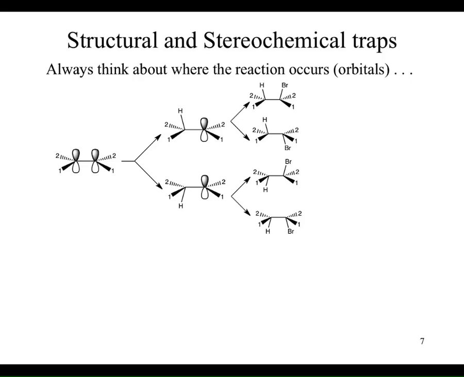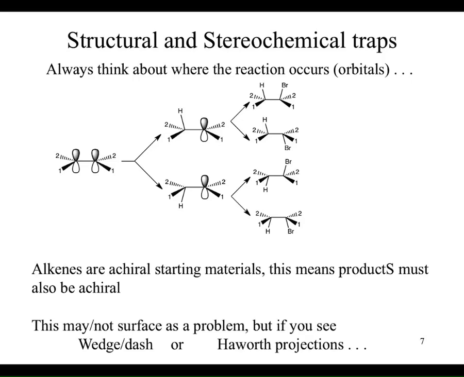When we look at our overall reactions, our alkenes are achiral starting materials, and this means that the product must also be achiral. So if you go through and decide that one of these is true, well, then there has to be another one, because if that one is chiral, there has to be a counter achiral one to it, unless you've introduced some other kind of chirality, which we typically don't see.